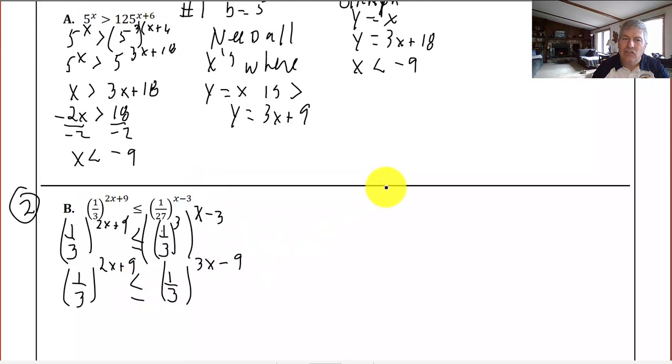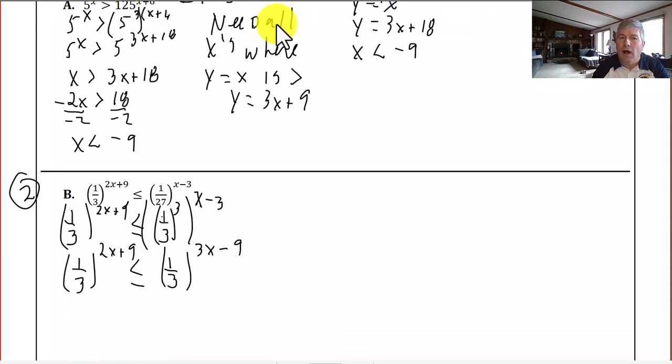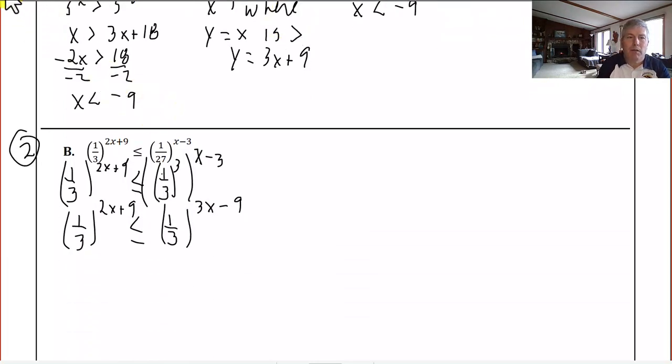But actually, it's not. Remember that these have the opposite signs, or the inequalities. So I am going to flip this inequality here. This guy is going to get flipped because of property 2.